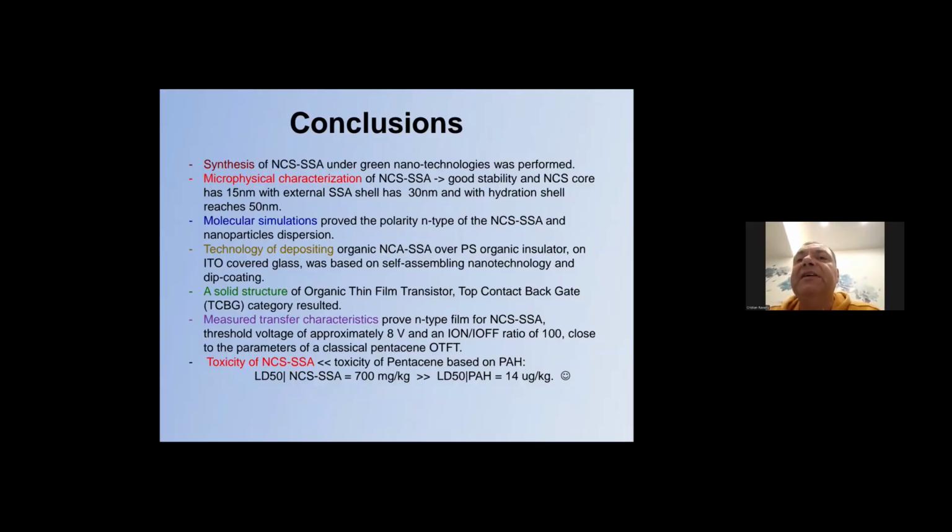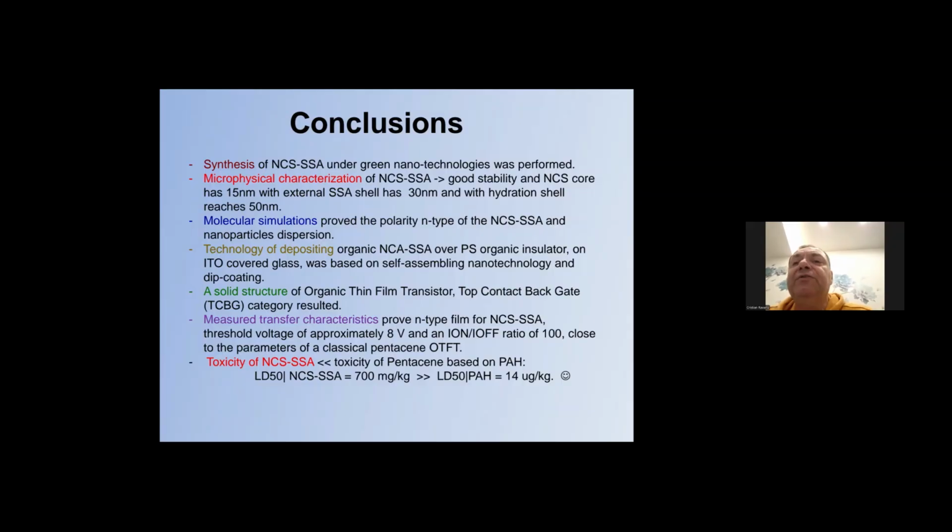The microphysical characterization provided good stability, and the core of ferrite has 15 nanometers, while after adding the external sulfosalicylic shell, the nanoparticles reach 30 nanometers or around this value, sometimes 50 nanometers. The molecular simulations proved the N-type polarity of the nanocore-shell sulfosalicylic nanoparticles.